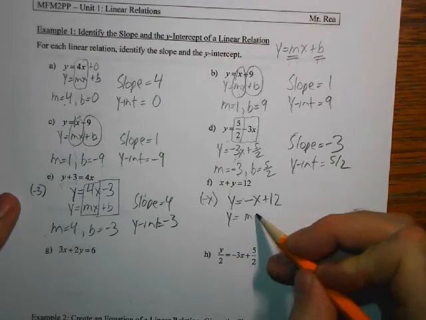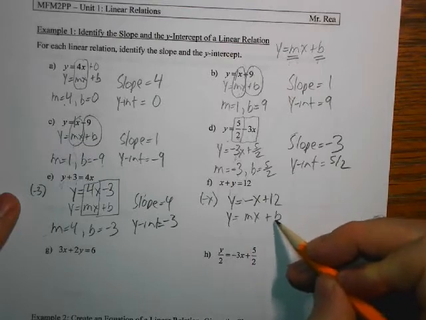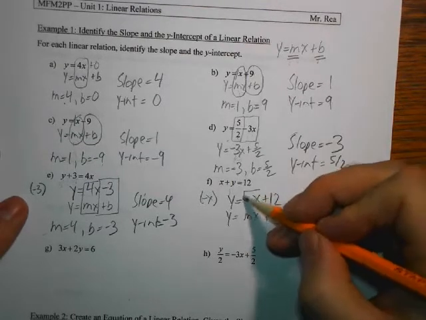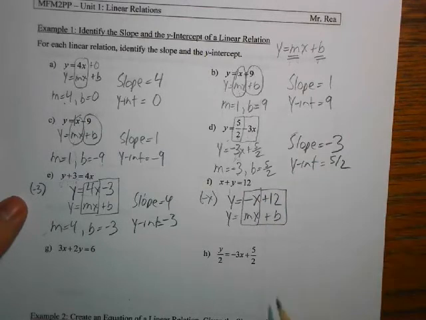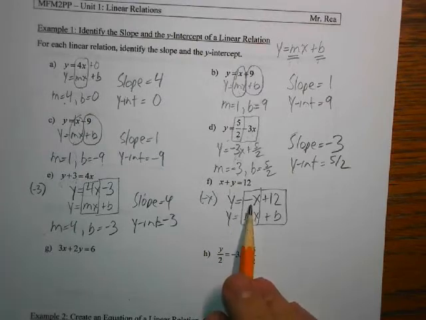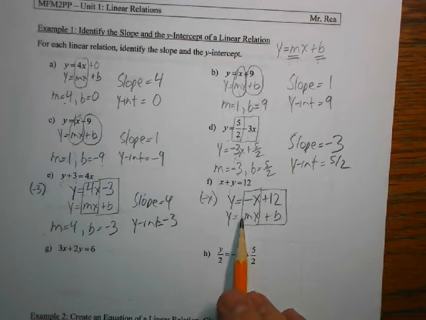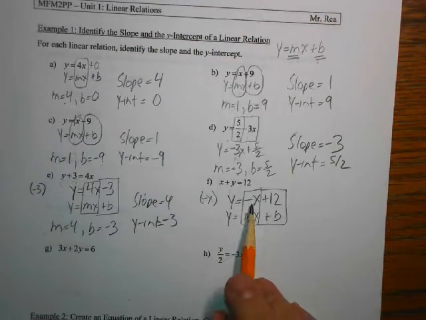If I put my template right below it, I've got negative x and mx, and positive 12 is the same as b. So what number is in front of the x? Well, I don't see a number, but if it was just x, you assume it's 1x.